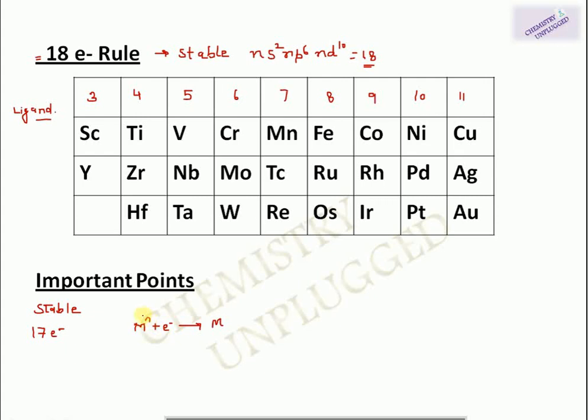In the starting, suppose it is n, after accepting an electron it will become n minus 1. So there is reduction, meaning it is acting as a strong oxidizing agent. So the complexes which have fewer than 18 electrons, meaning 17 or 16, act as strong oxidizing agents, while complexes which have more than 18 electrons will try to donate their electrons, and in that case their oxidation will take place and they will act as strong reducing agents.